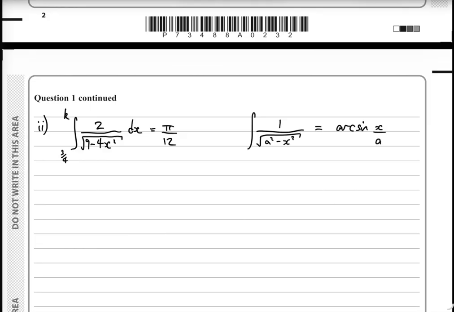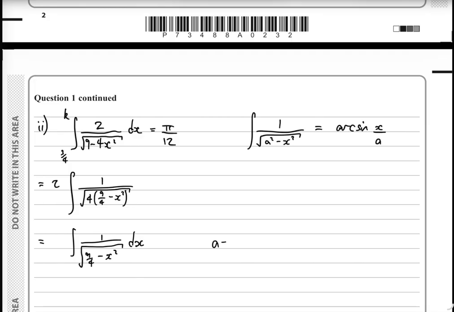To do that, well, we can bring the 2 outside, and then in here we want to factor out a 4 to make that 4 lots of 9 over 4 minus x squared, like that, and we can square root that 4, and that will cancel with the 2 on the outside, and that will equal just 1 over root of 9 over 4 minus x squared. It's a slightly awkward a, but that will work.